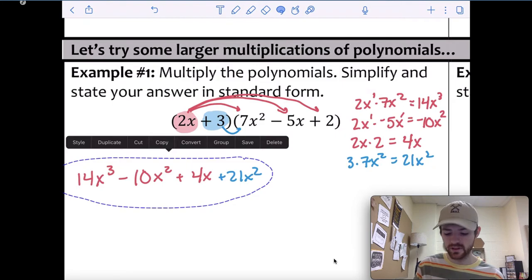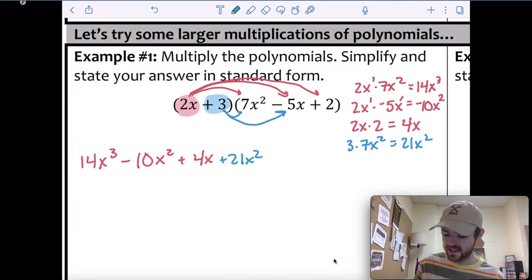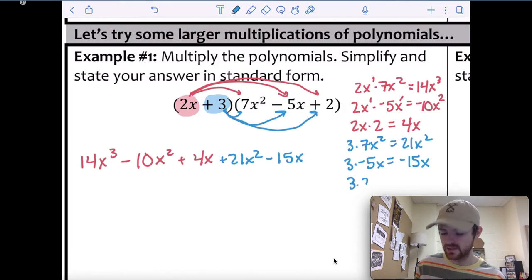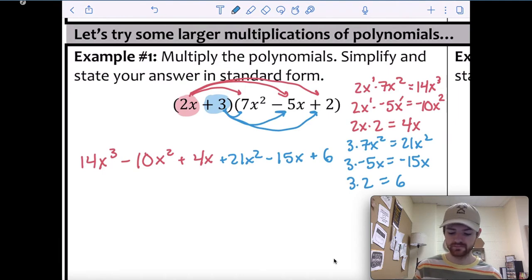I'm having to move things around. 3 times negative 5x, multiply those coefficients, and you will get negative 15. And then we'll just carry the x. And finally, we'll multiply 3 times 2 to equal 6. Once again, same distribution process, we just do it one extra time.